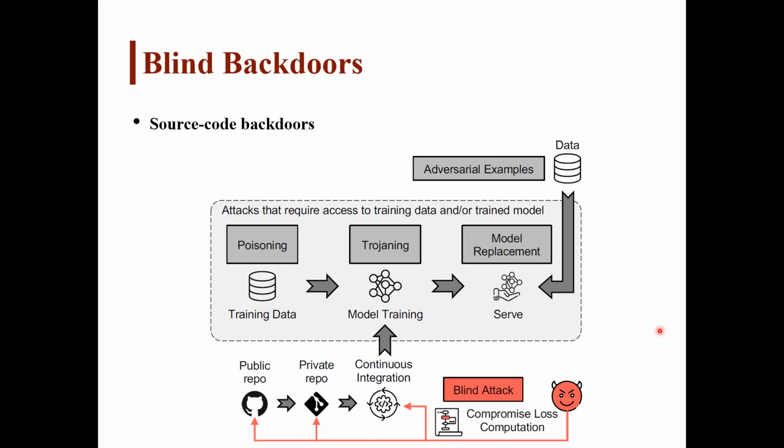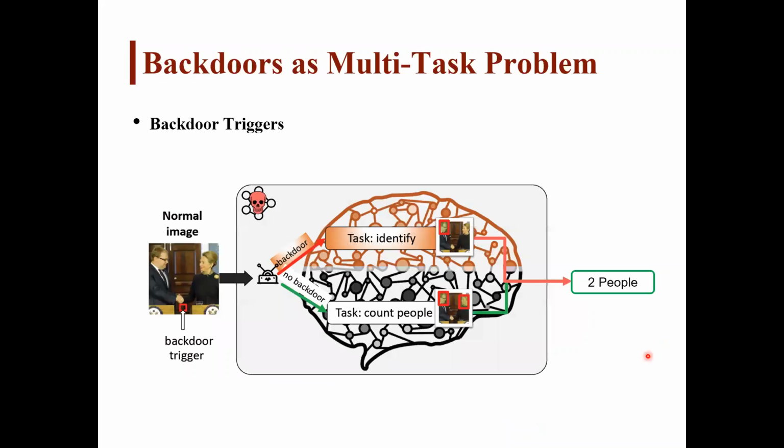Since we want to modify or inject special code sections in the machine learning algorithms, how can we turn such attacks into detailed techniques? In this paper, the authors treat backdoor attacks as a multitask problem.